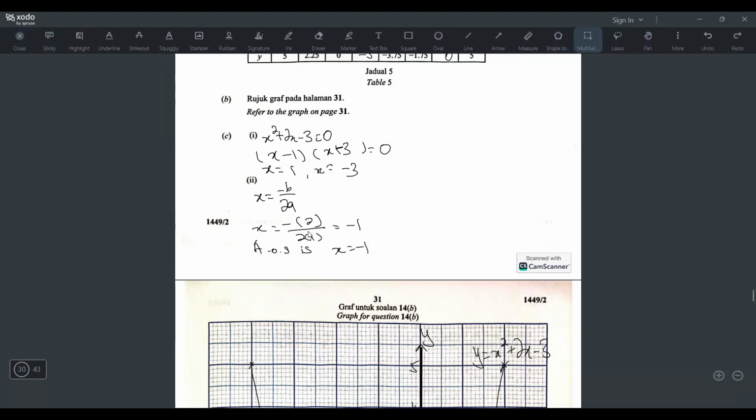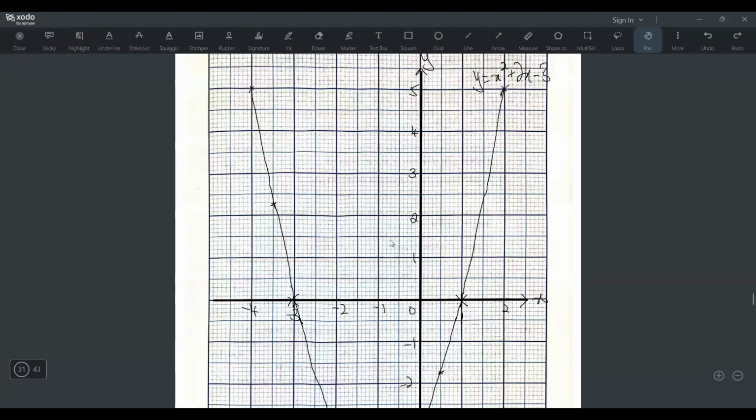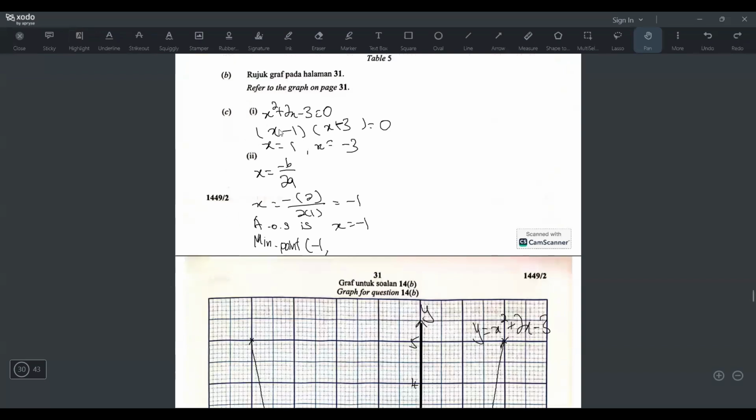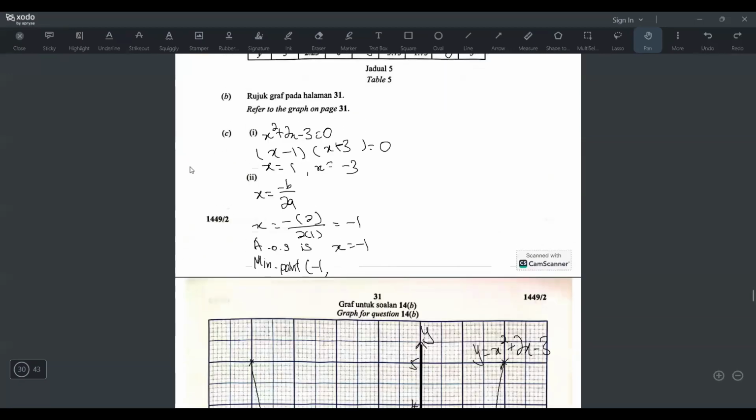So what I will do now is write minimum point. The x coordinate will be the same as the axis of symmetry, negative 1, because if the axis of symmetry is at negative 1, the minimum point's x coordinate is negative 1 also. And what will be the y coordinate? You substitute the negative 1 into the equation to find the y coordinate.